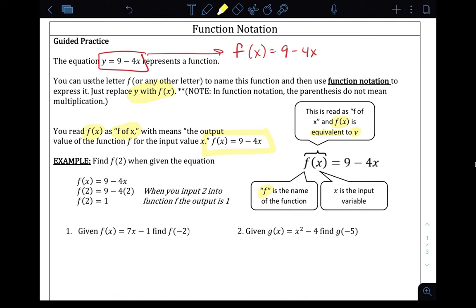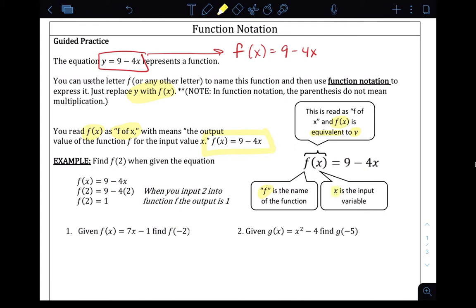So the next function we would probably talk about is g of x, and then h of x, etc. Right now, it's just a letter that we choose. If you really love the letter A, then it could be a of x. It doesn't really matter. You can choose any letter that you want. Math people usually start with the letter f because we're actually referring to a function.